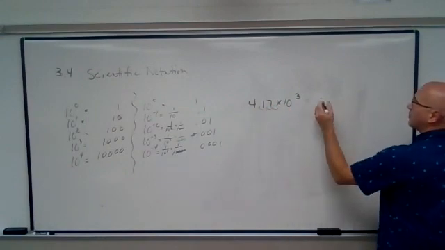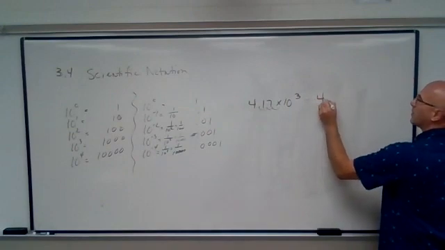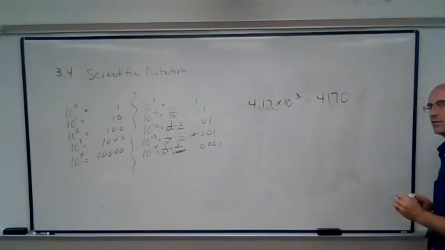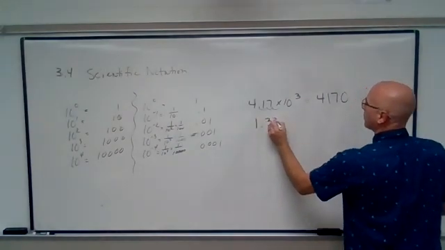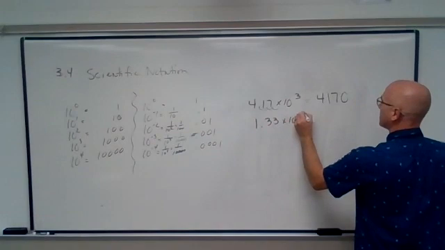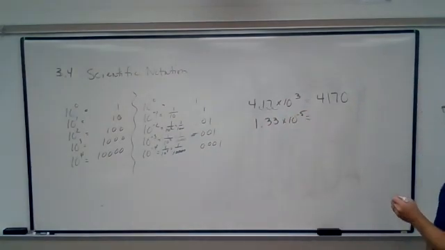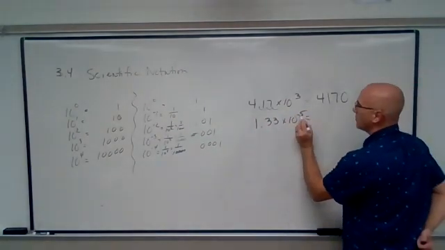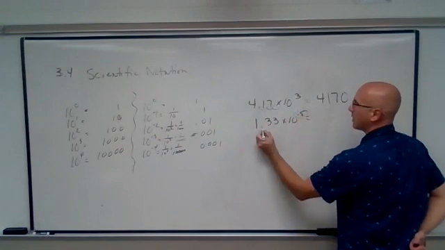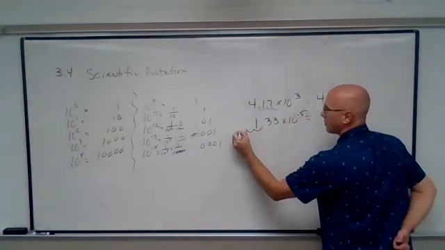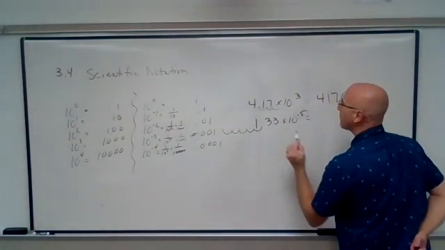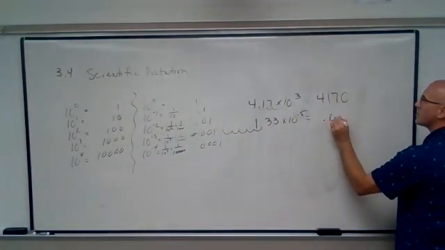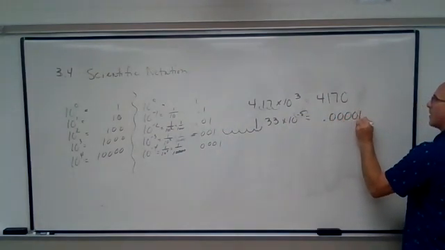So since there's an empty place here, we're going to fill that in with zeros. So it's 4170. Here's another one. 1.33 times 10 to the negative 5th. We are going to move it to the left 5 places. 1, 2, 3, 4, 5. So I'm going to add 4 zeros, and then my number.